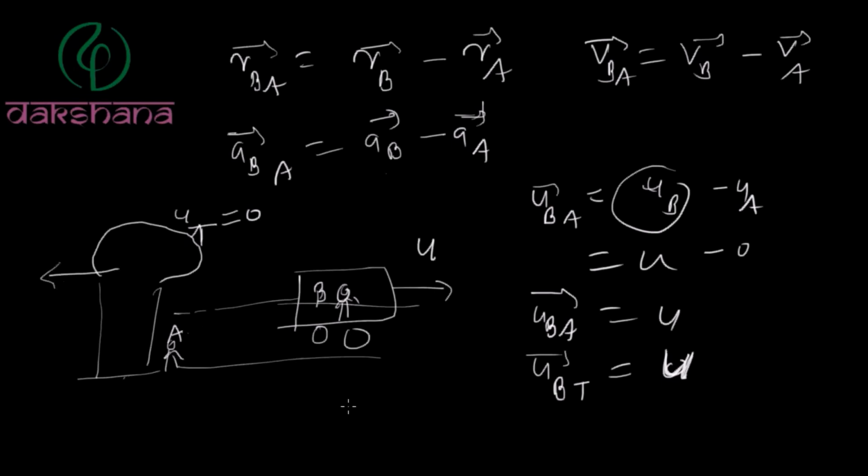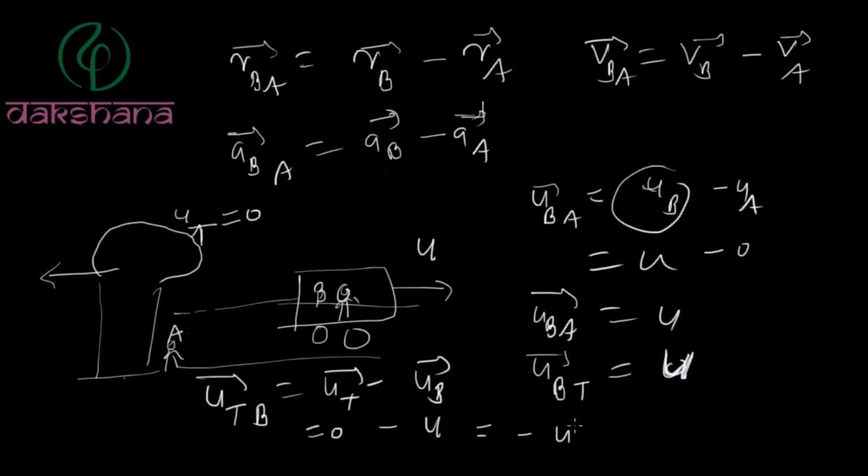This can be proved as velocity of tree with respect to B will be velocity of tree minus velocity of B.